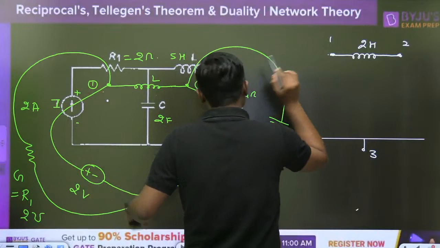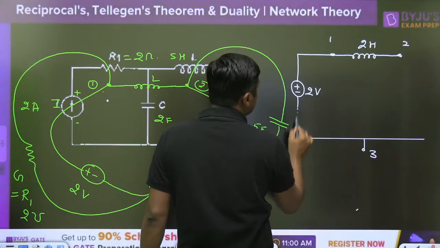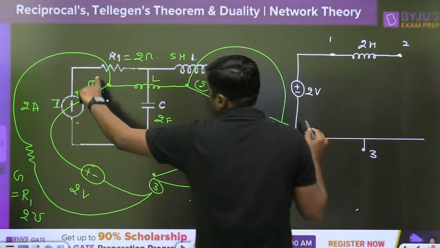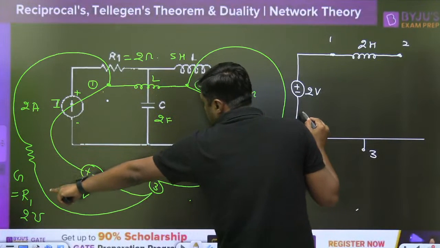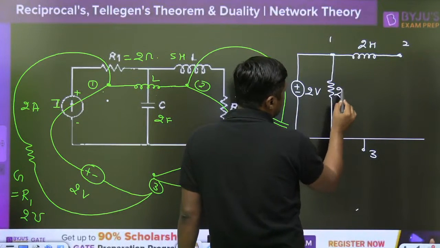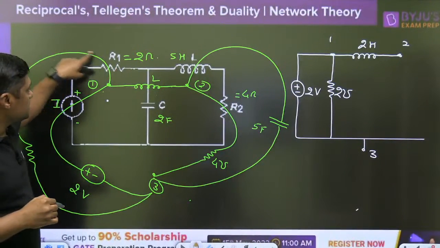Between 1 and reference, this 2 volt battery, and this is a 2 mho conductor. That is the symbol for the conductor, and the resistor is the same. This is the 2 mho. Now this is clear. This is done.